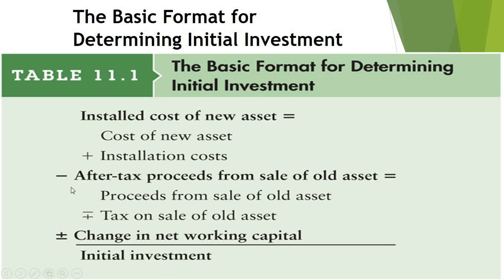Then we have to deduct after tax proceeds from sale of old asset, that is equal to proceeds from sale of old asset plus or minus tax on sale of old assets. So tax will depend on whether there was a gain or loss from the sale of old assets.